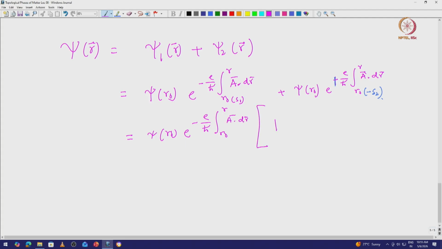Common, I will get 1 plus e to the power minus i e by h bar, path 1 and then going backward. So, I will be able to make this entire loop, path 1 minus path 2.